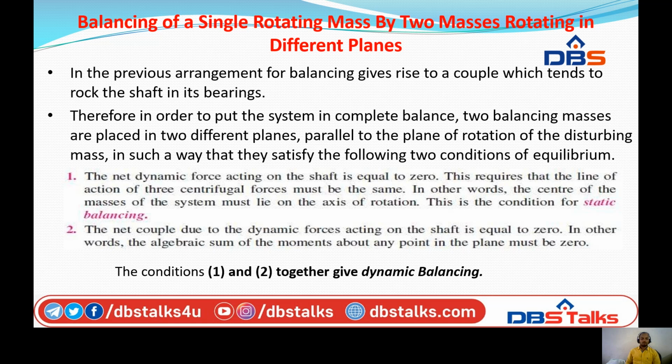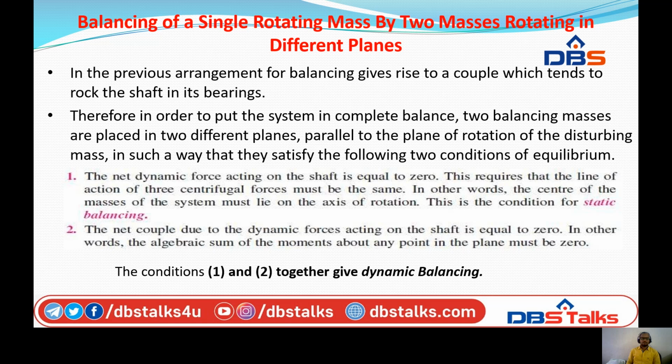Therefore, in order to put the system in complete balance, two balancing masses are placed in two different planes, other than the plane of rotation of the disturbing mass, in such a way that they satisfy the following two conditions: static balancing and dynamic balancing.